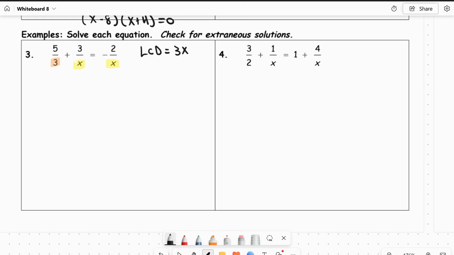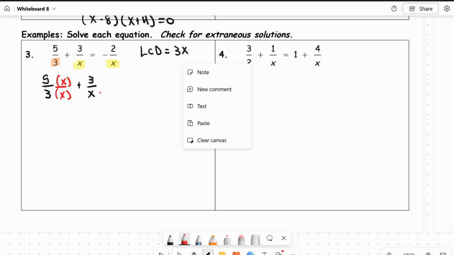Looking at each of my fractions, my first fraction is 5/3. To make my denominator 3x, I have to multiply this one by x over x. For my second fraction, I've got 3 over x, so to make my denominator 3x, I have to multiply this one by 3 over 3.